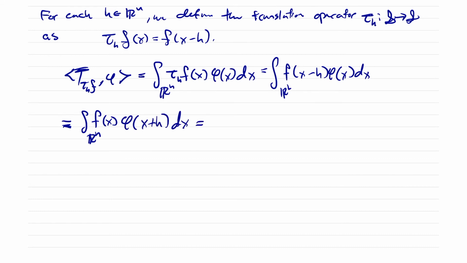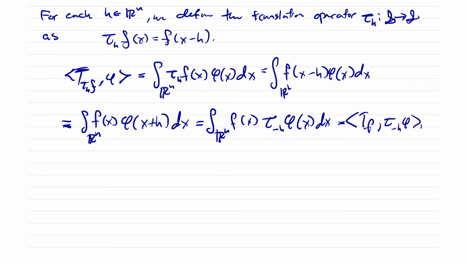And so this is the same as the integral over Rn of f of x times tau sub minus h of phi of x dx, and so that gives us our hint of what we're going to be doing. So this is the same as saying T_f against tau sub minus h of phi, right?